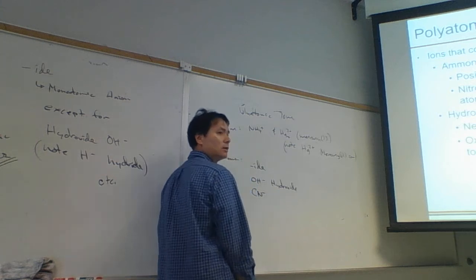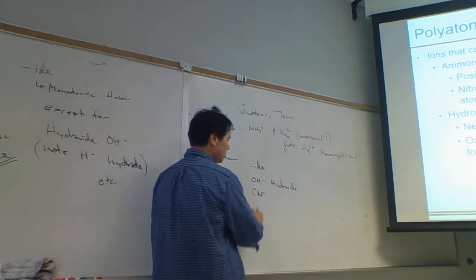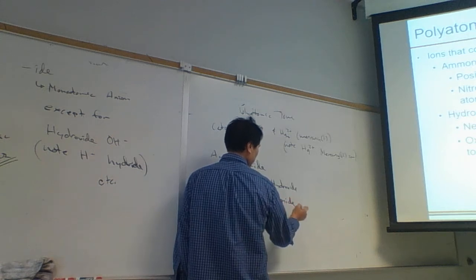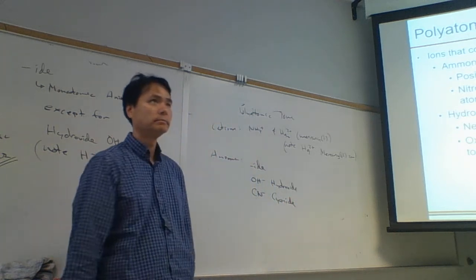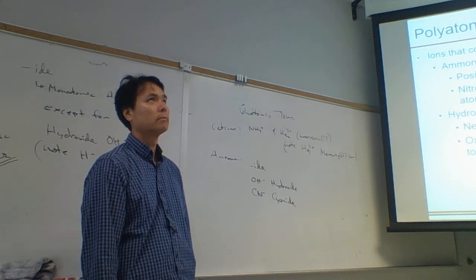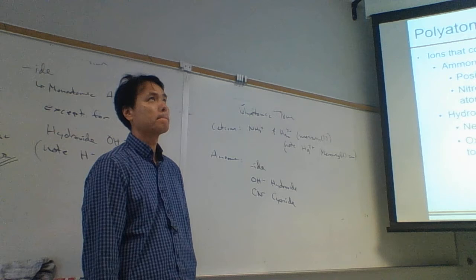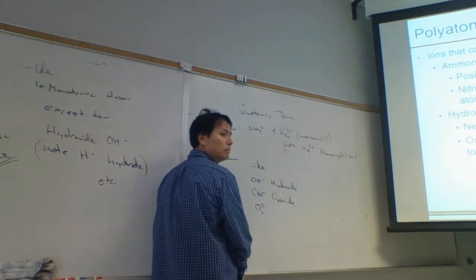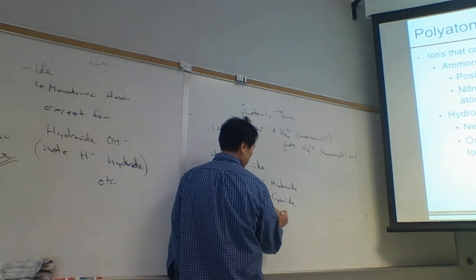CN minus is a carbon and a nitrogen. This is called cyanide. O2 2 minus is called peroxide.